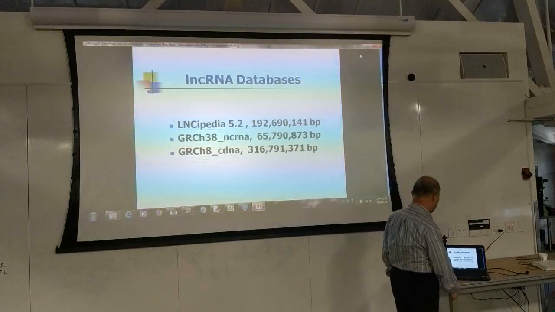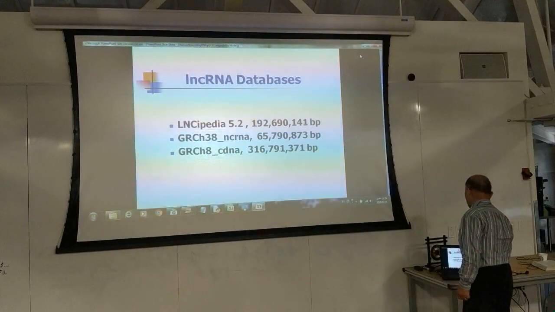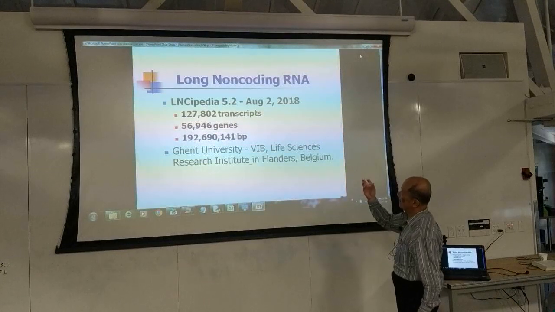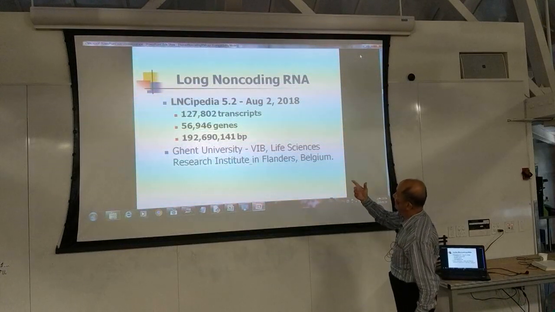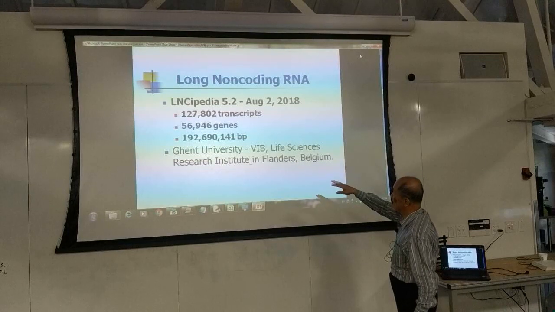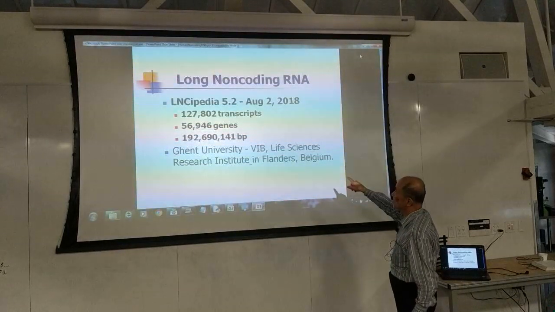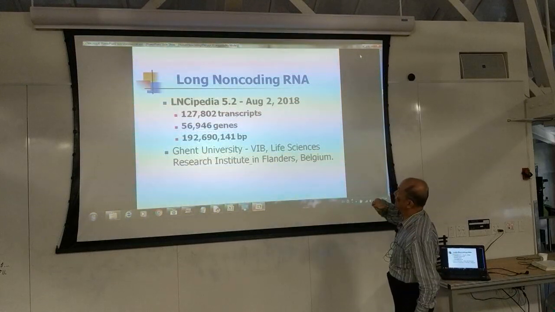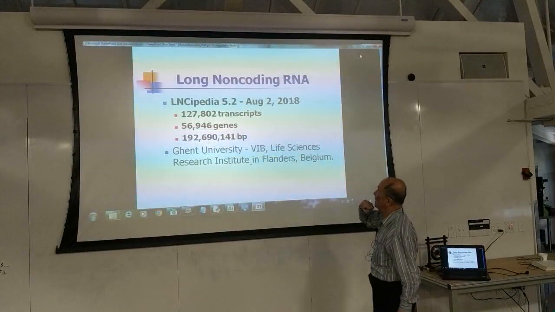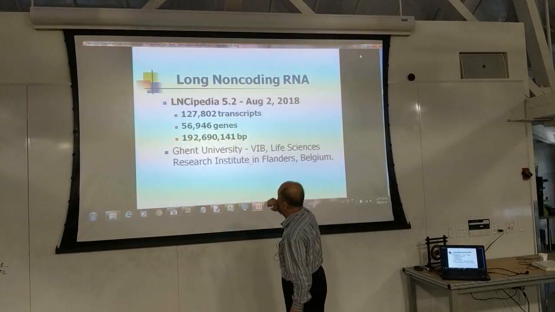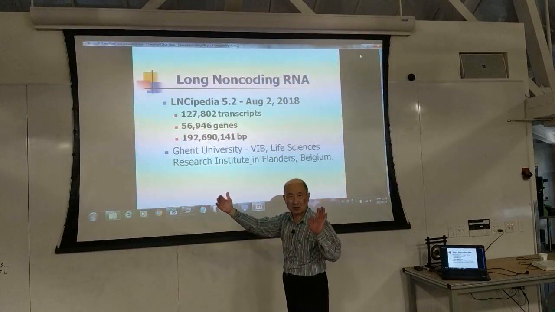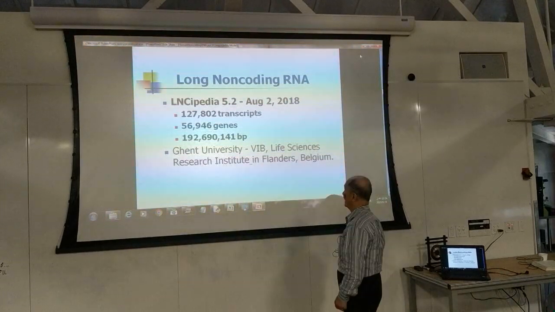So here, this is my focal point. This collection is collected, or warehoused, in Belgium, and it has identified 127,000 transcripts, such as stretches of RNA. And there are 56,000 genes identified in them.